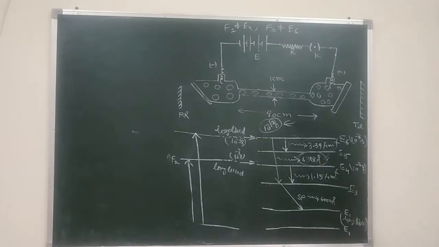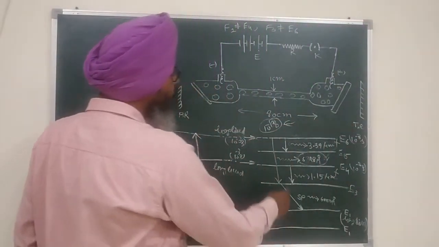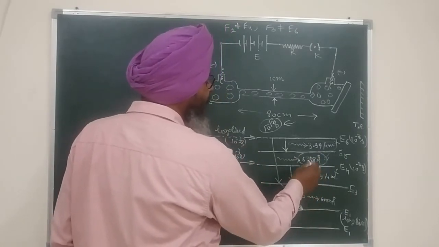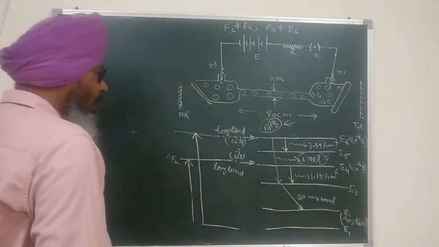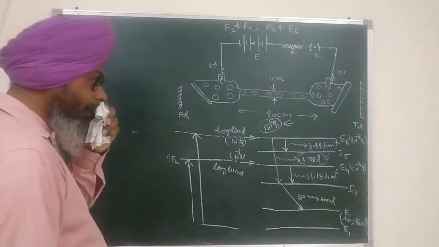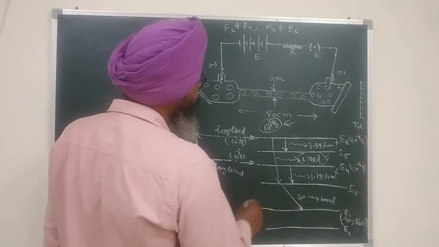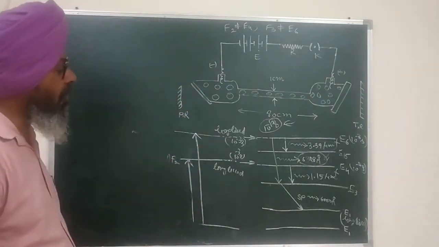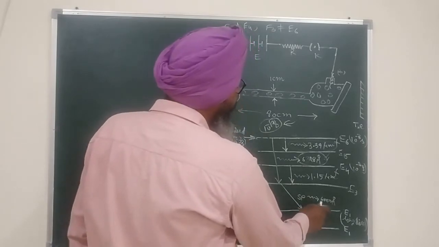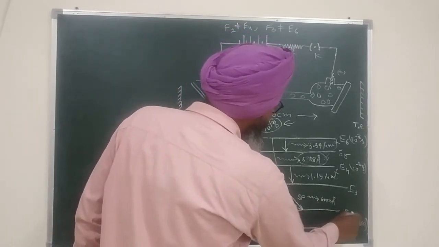Now, out of these three wavelengths, we will get lasing action only between E6 and E3. Now E3 to E1, this is not E1, this is E2.